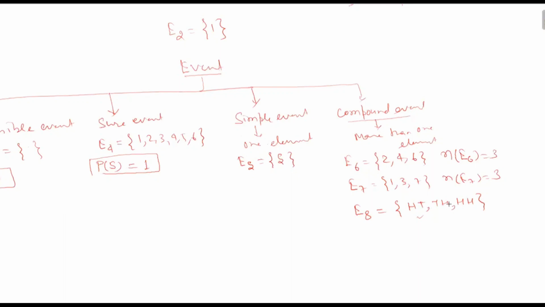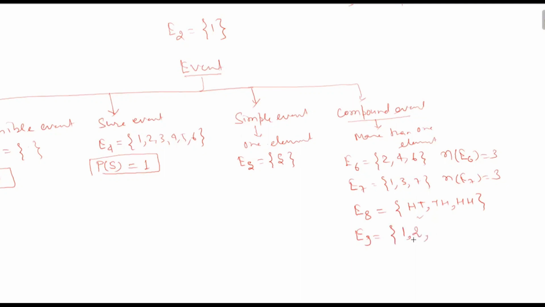Whenever you have more than one element, you count how many. Someone may say that if I throw a die, I should get a number less than 5. What they mean is that if I get a 1, this event has happened.